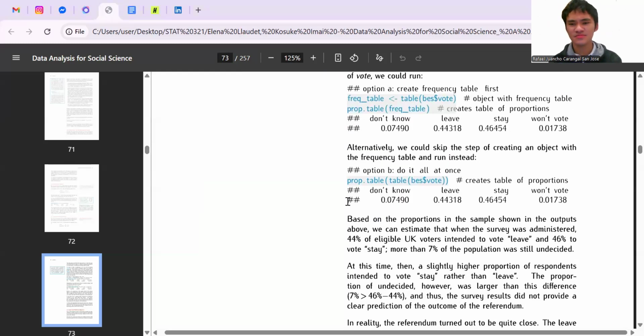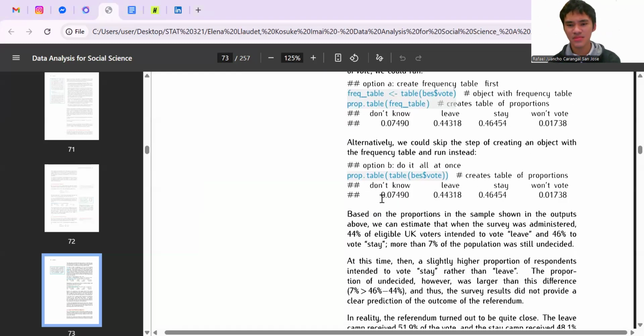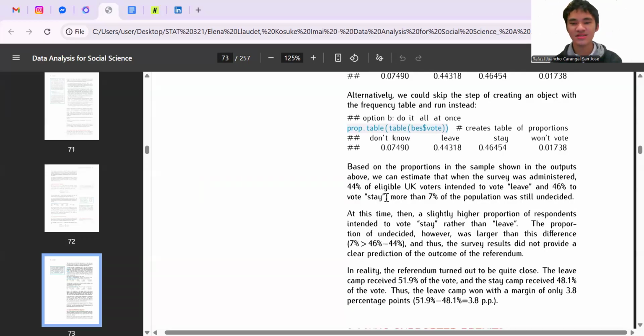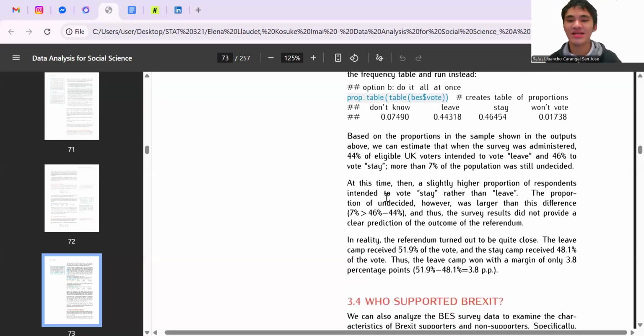Okay, enough of the coding styles. Let's get back to the analysis. Based on the proportions in the samples shown in the outputs above, we can estimate what the result was when the survey was administered. Okay, let's actually interpret this.